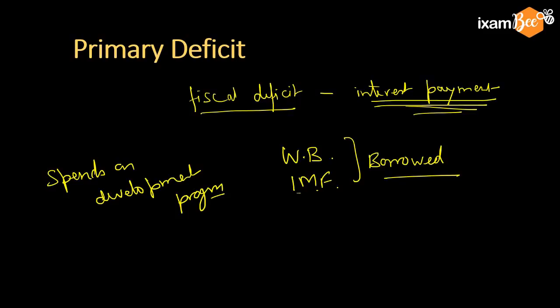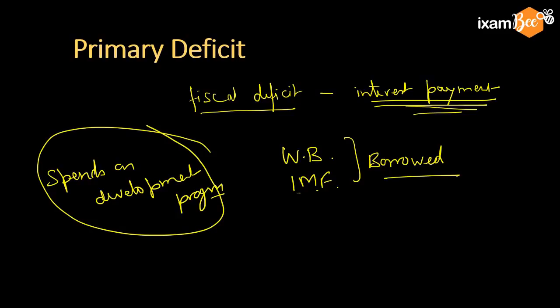If the borrowing is spent for development purposes, that is one type of fiscal deficit, and ultimately it will fuel the economy, as more money supply comes to the economy, right? But when the interest payment is very high, the money is actually going for payment of the old loan by the Government of India.